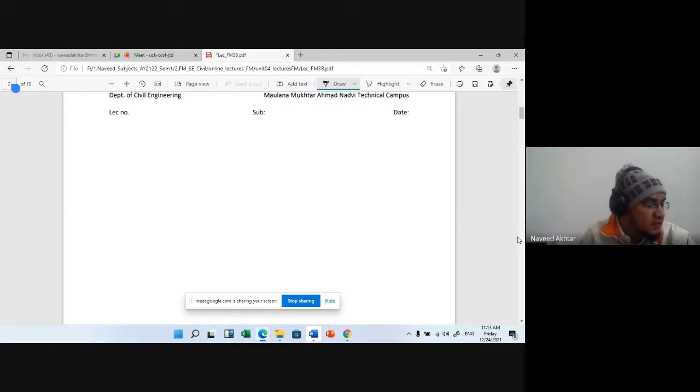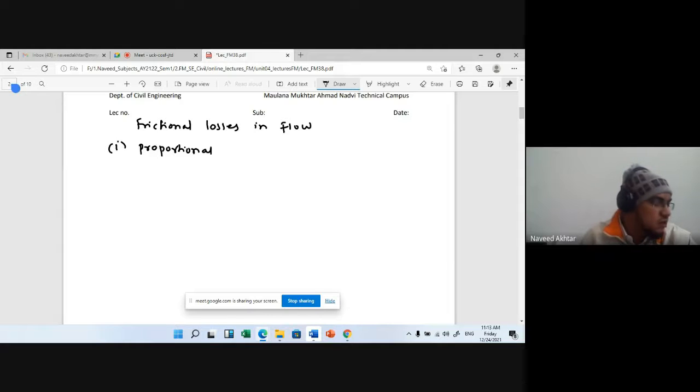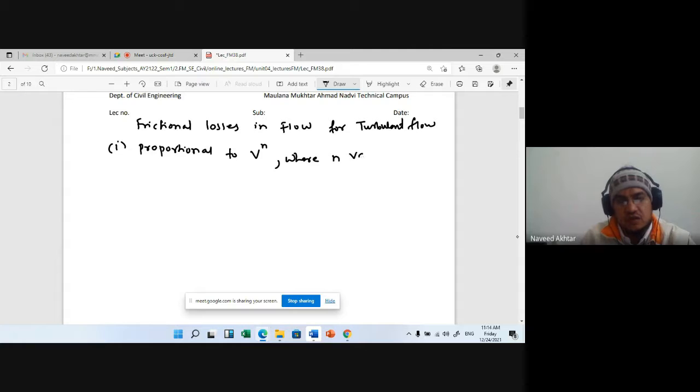The frictional resistance for turbulent flow may be proportional to v to the power n, where n varies from 1.5 to 2.